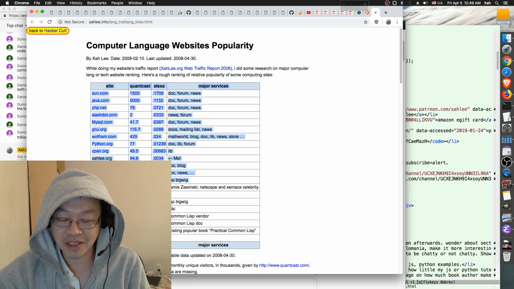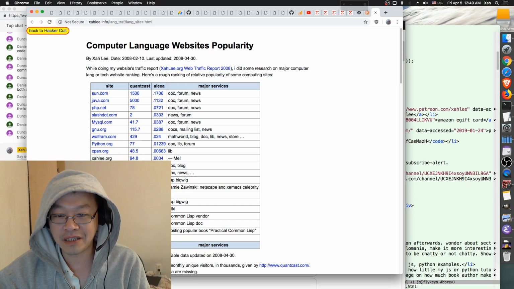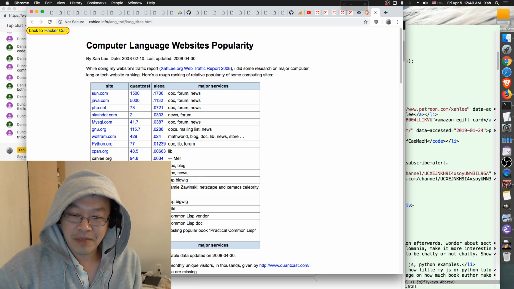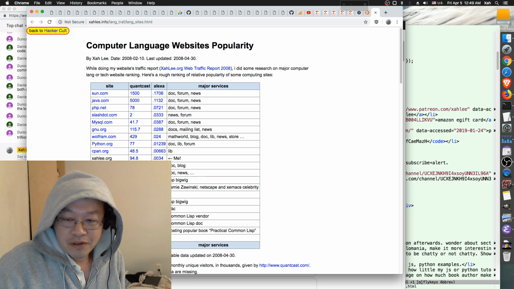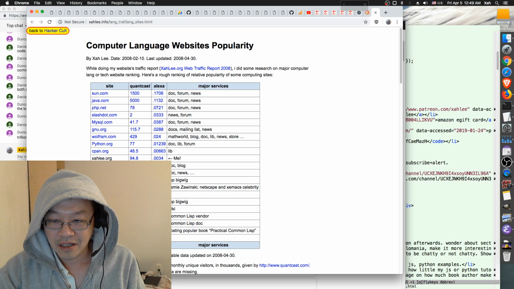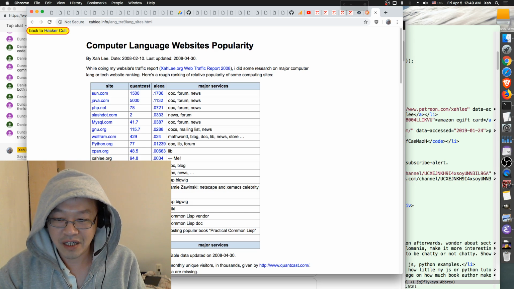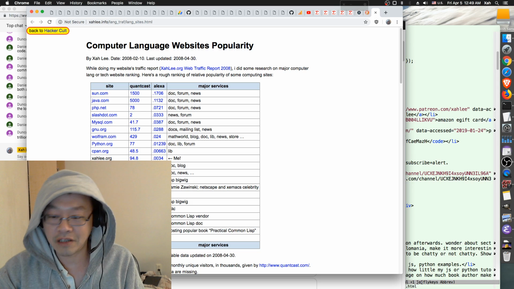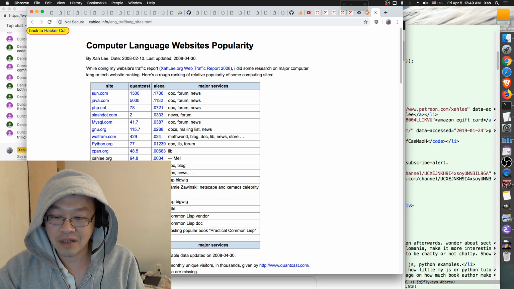Haskell.org, JWZ. JWZ is famous. Jamie Zawinski is famous for Netscape and for Emacs. Then you see Norvig. Norvig is Peter Norvig, the Common Lisp expert and AI expert of the previous generation. So you got Emacs Wiki, you got Franz.